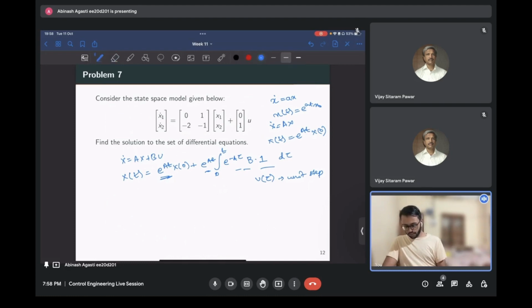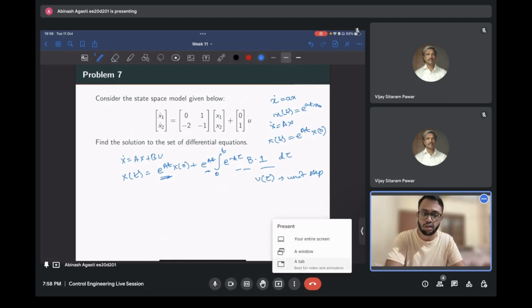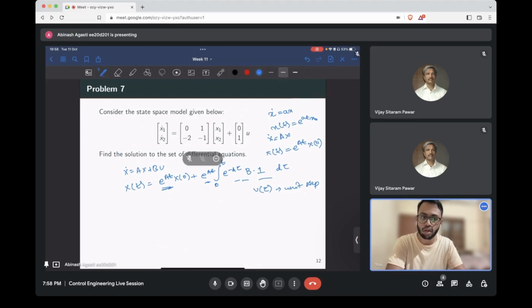First, we'll try to diagonalize. I'll use MATLAB for this so that we can be faster.